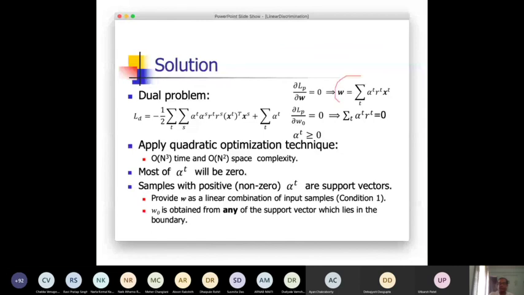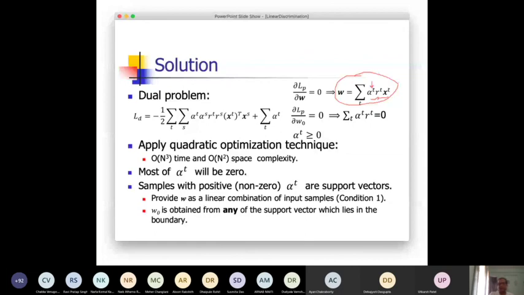Only those alpha which are contributing here, and they are all positive, will define this term, and it's a linear combination. You can see that samples of class 1 contribute positively, and samples of the other class contribute negatively. So samples of both the classes are involved in the boundaries, and they finally derive this particular direction W.